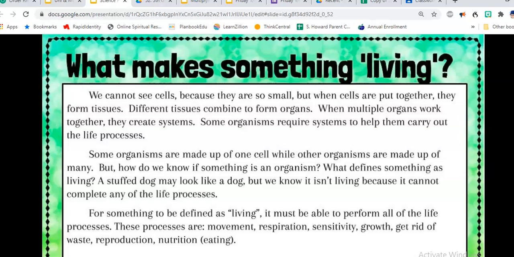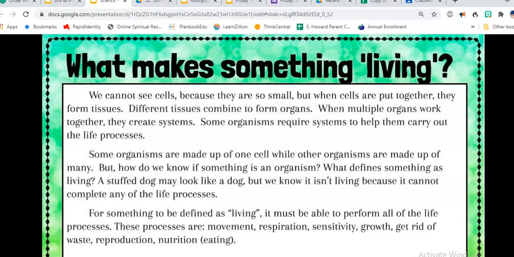So most of the organisms that are around in our lives, like humans and dogs and cats and any large animals, even insects, they have to have multiple organs working together in these systems to keep them alive. And so if you think about your own body, we've got heart, lungs, we've got stomachs, we have muscles, we have a skeletal system.